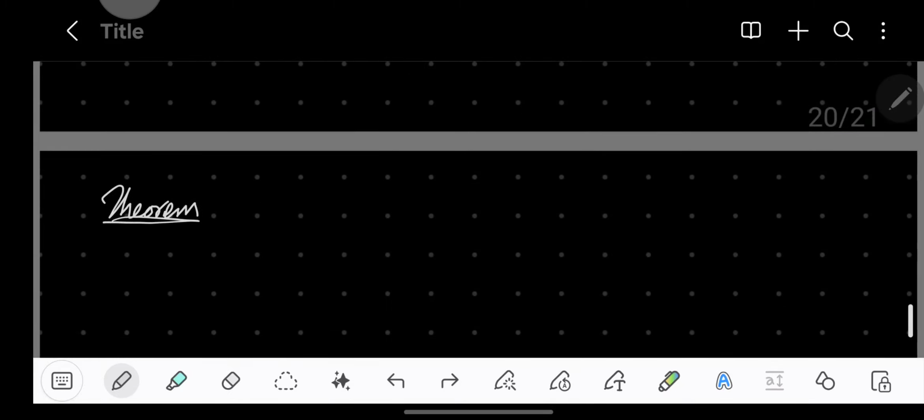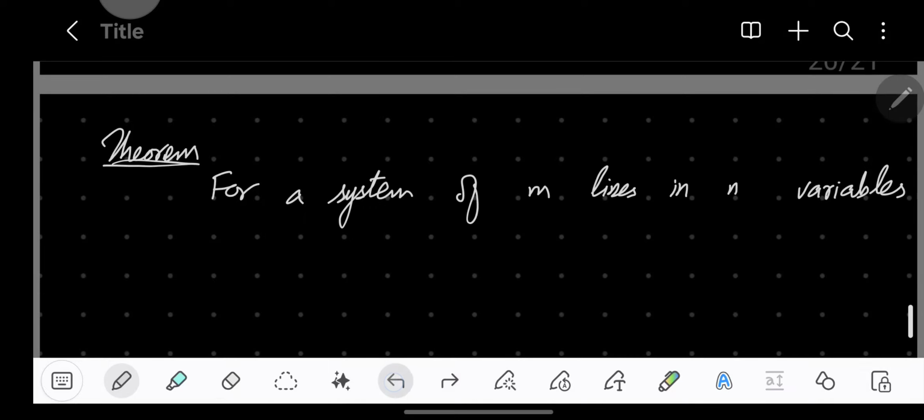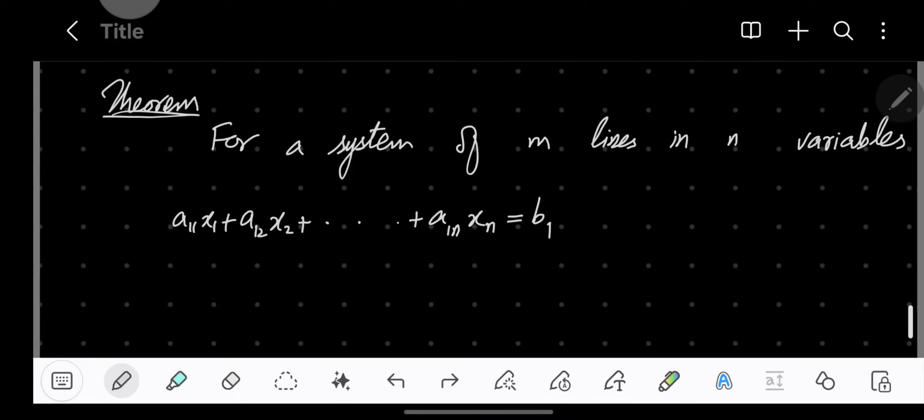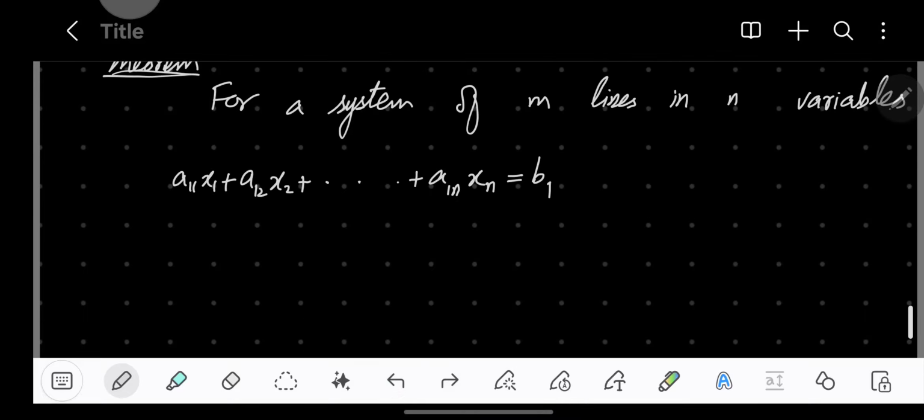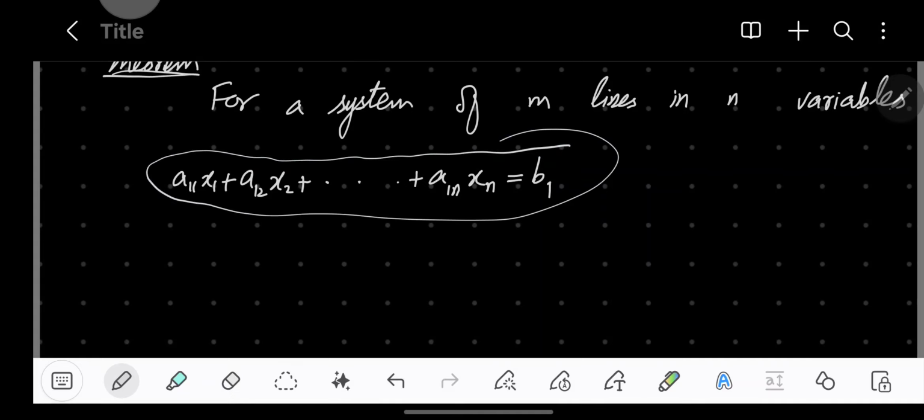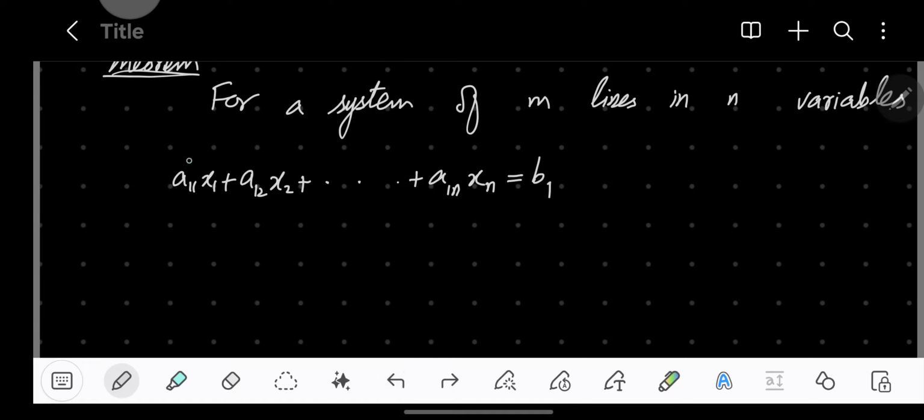So let's look at the theorem. The theorem says: for a system of m lines in n variables, for example, the system is defined by m different equations. For the first equation, I can write a11 x1, a12 x2, and so on up to a1n xn.